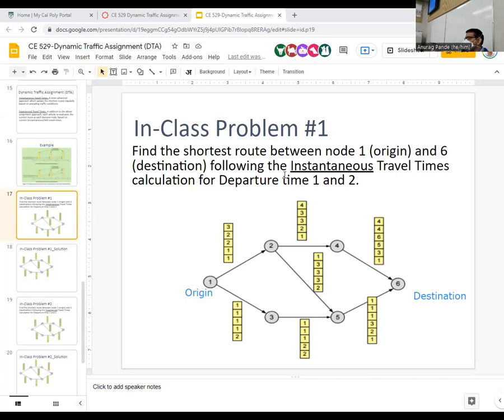And your homework is basically this exact problem, other than the fact that your departure time is going to be 3 and 4, rather than 1 and 2. I want to work on the 1 and 2 in the class right here. And then I'm going to have you work on 3 and 4 for the homework.